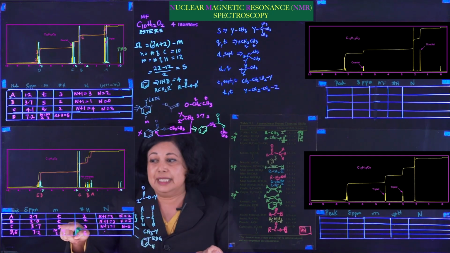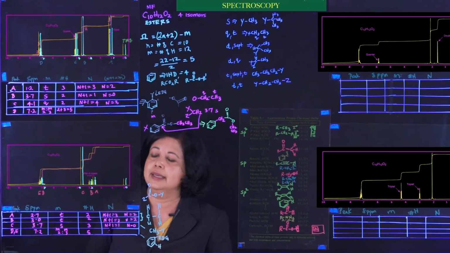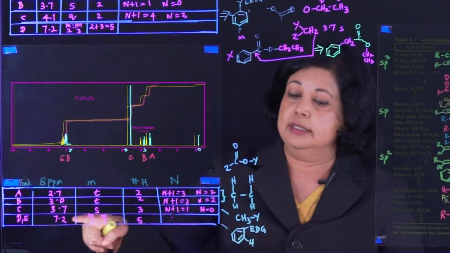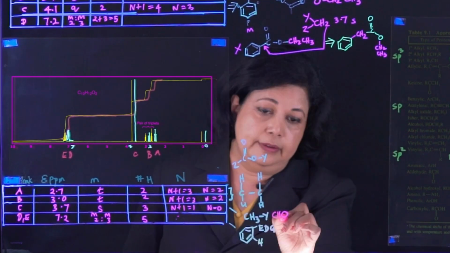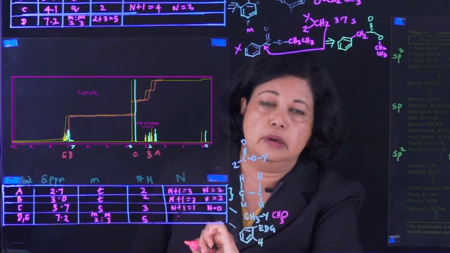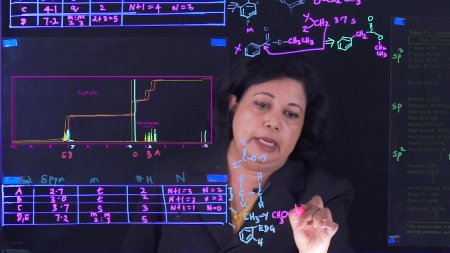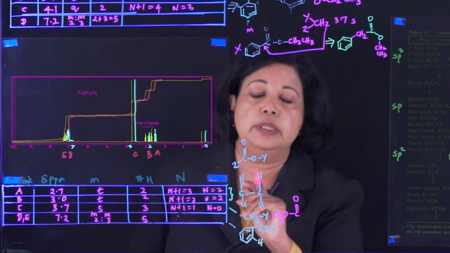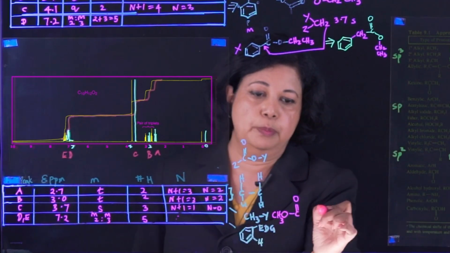And 3.7, probably next to an oxygen. 3.7, the most de-shielded proton here on the alkyl. So therefore, you know that that's next to an oxygen. Since this is an ester, this oxygen would be next to a carbonyl. Because this is delta 3.7, we have absolutely no doubt that that is connected directly to an oxygen. So we have this much.